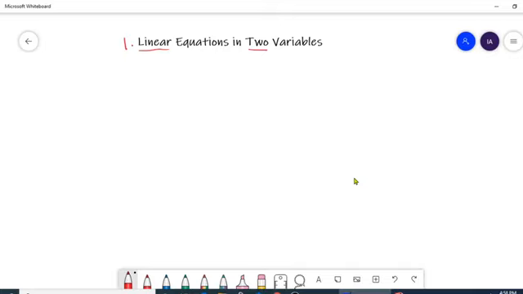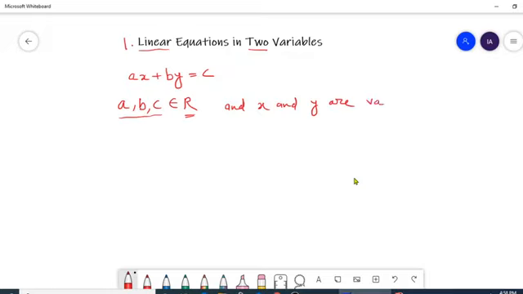For example, any equation in the form of ax plus by equals c can be called a linear equation in two variables. In this equation a, b and c are real numbers, so all three a, b, c belong to the real numbers, where x and y are the variables.